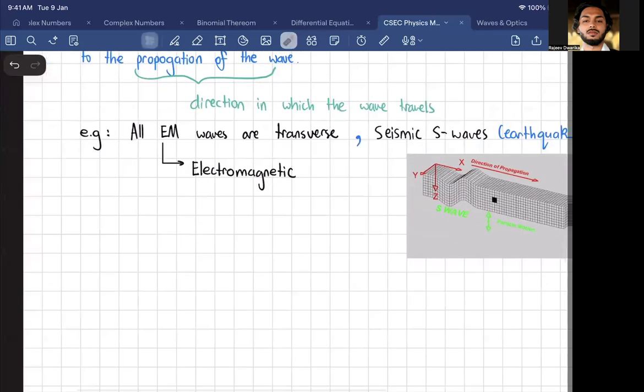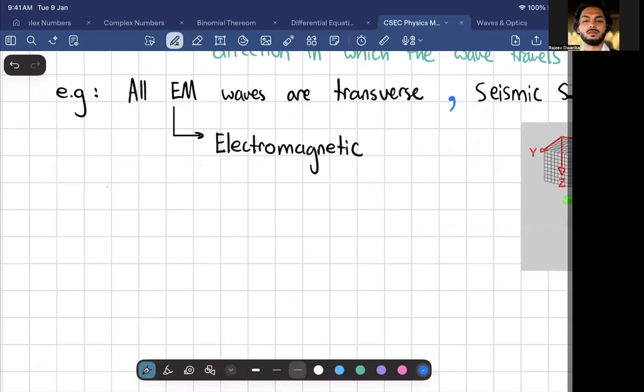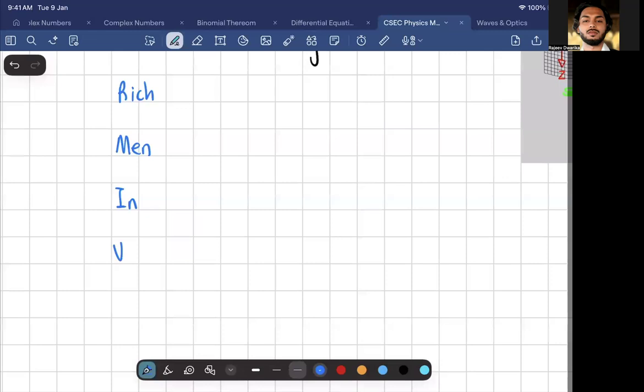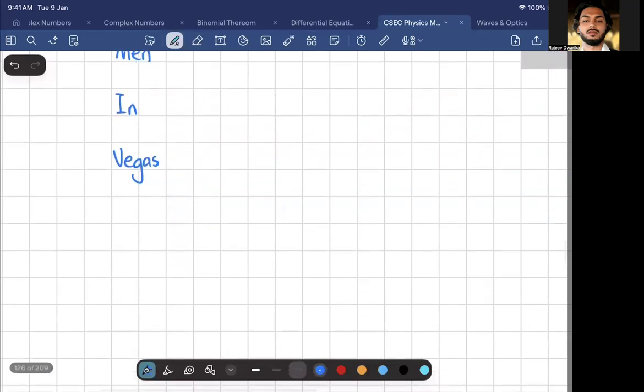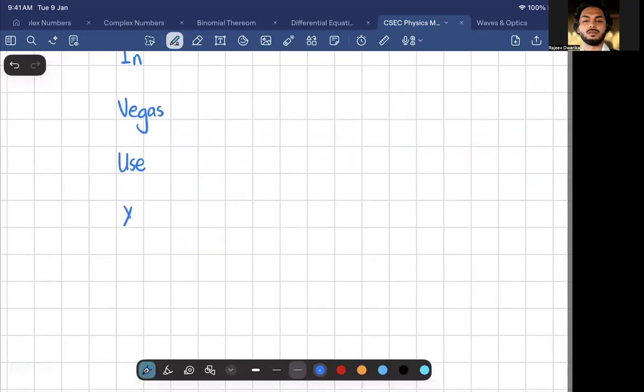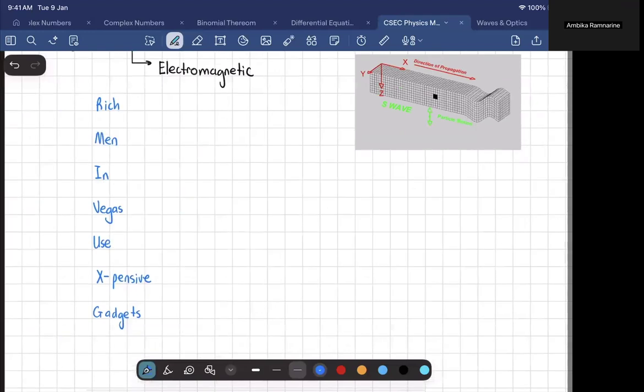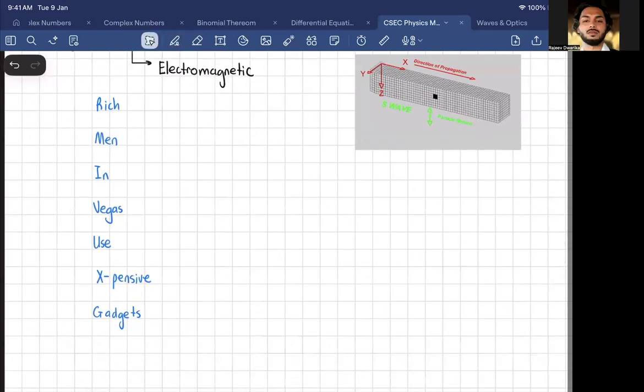Cool. So let's look at all the EM waves now. I remember it like this: rich men in Vegas use expensive gadgets.